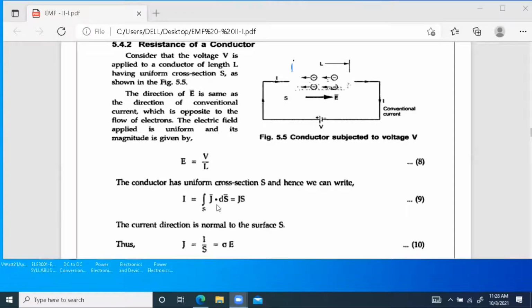Look at this equation. We say I equals the integral over the surface of J dot dS. The thing is that if you do J dot dS, only the normal component remains in your equation.